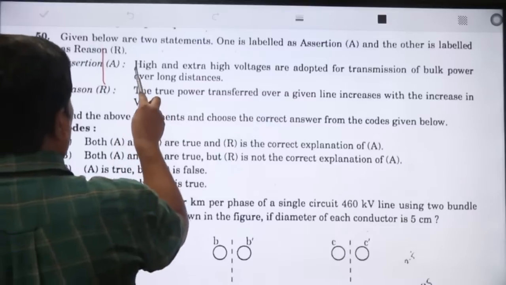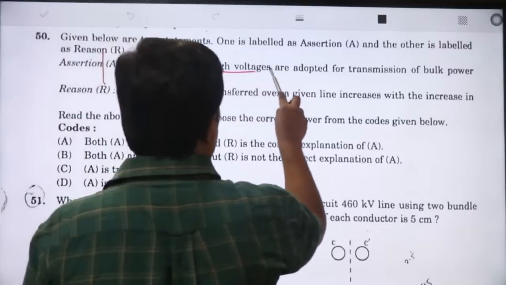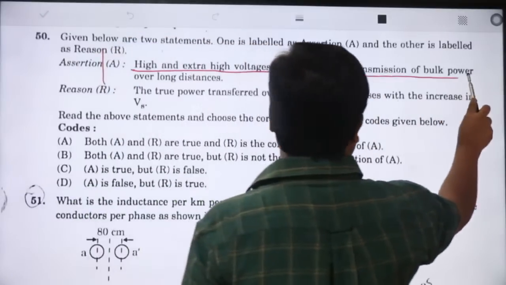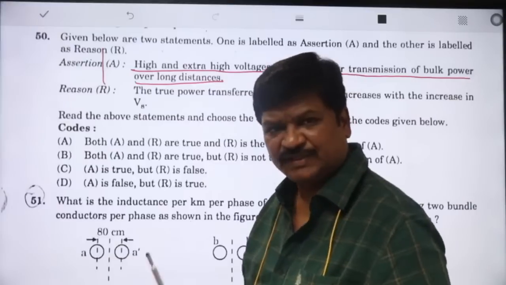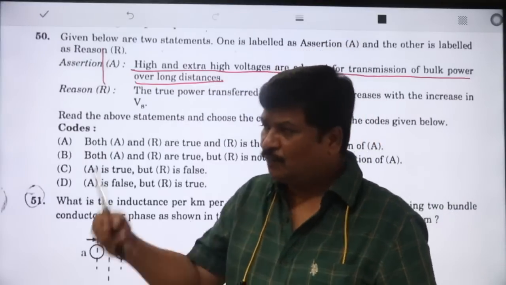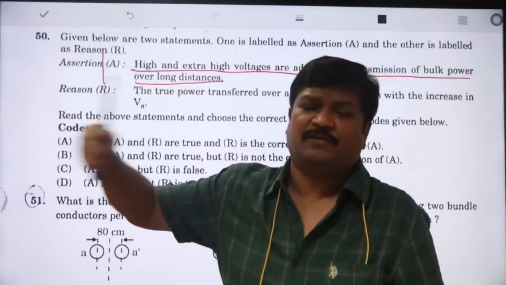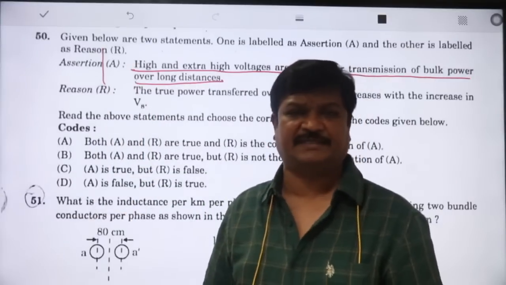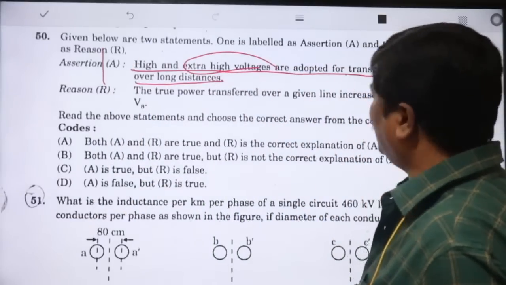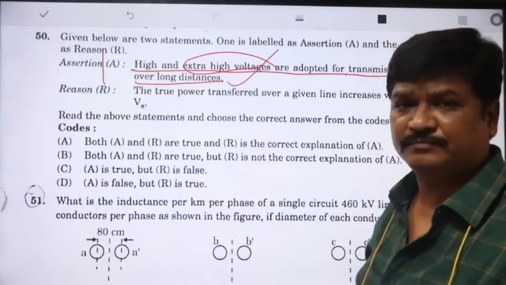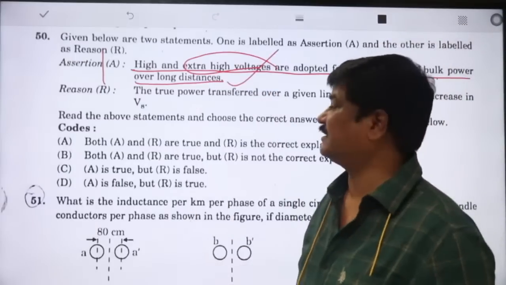High and extra high voltages are adopted for transmitting bulk power over long distances. Generally, if you want to transmit a large power, we can go for long transmission lines. So extra high voltages are adopted for bulk power transmission over long distances.